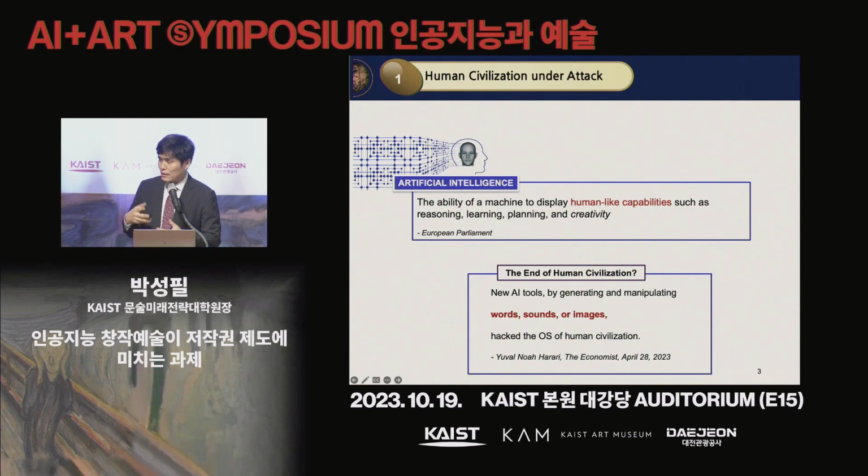Against this backdrop, world powers such as the European Union are about to pass a regulation like the AI Act, probably next month or at the end of this year. However, the intensity, the pace, the focus, and the regulation method differ greatly jurisdiction by jurisdiction. Writing in The Economist early this year, world-famous best-selling author Yuval Harari diagnosed that new AI tools have hacked human civilization by creating and manipulating words, sounds, and images.